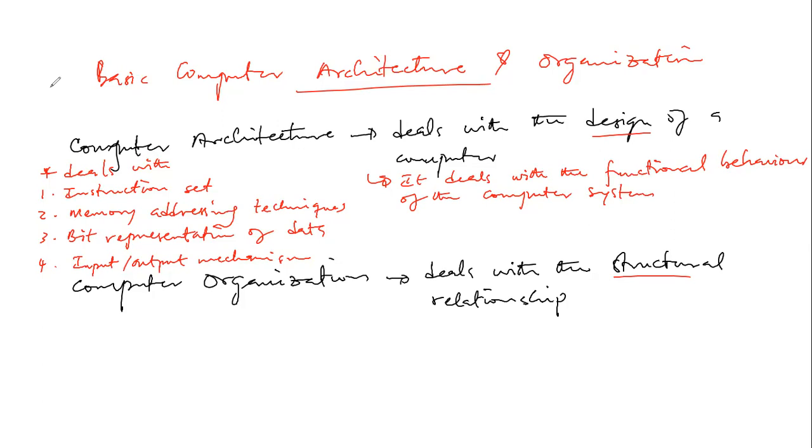Which again? Immediate mode. Yeah, immediate address mode. We have index address mode, and we have relative addressing. Yeah, so we have quite a number of those addressing modes, which you already talked about. Now you see all of those addressing modes are part of your computer architecture, bit representation of data, input output mechanism. Perfect.